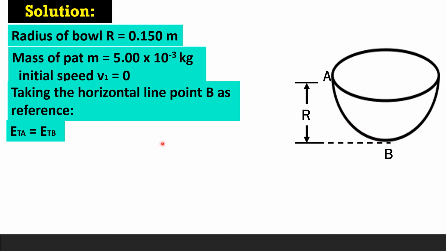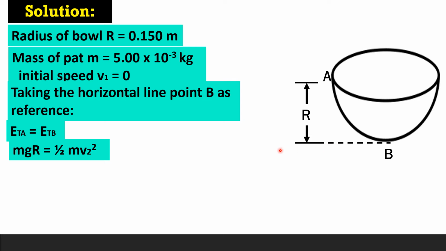So moving on, we now express the potential energy of the pat of butter as mgr, where of course m is the mass of the pat of butter times the acceleration due to gravity, and r here is the vertical distance that separates point A and the reference.